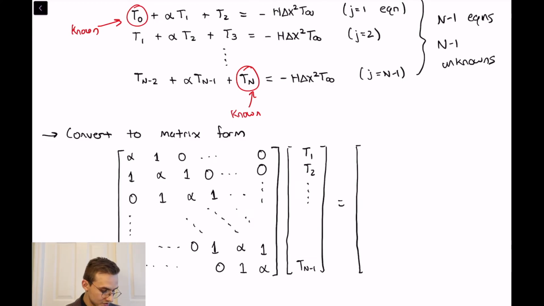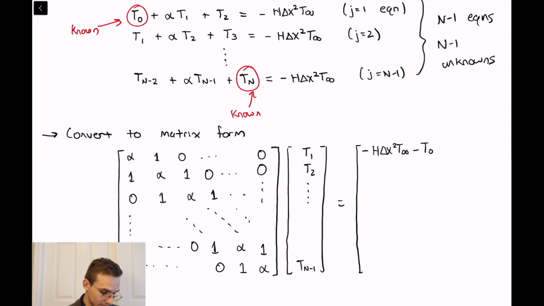So the first equation, like I said, we moved over our known value. So the first element of our right-hand side vector is h delta x squared T infinity minus T naught.